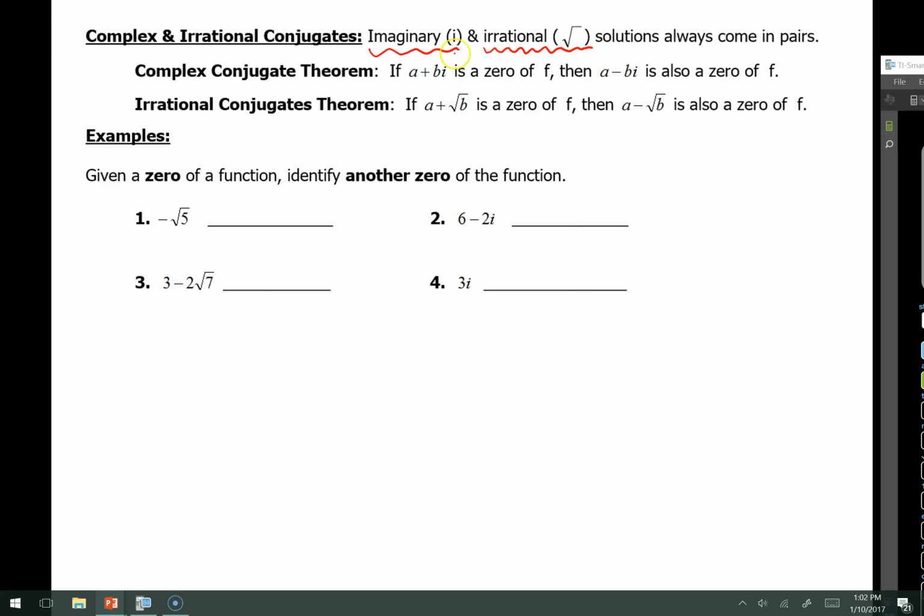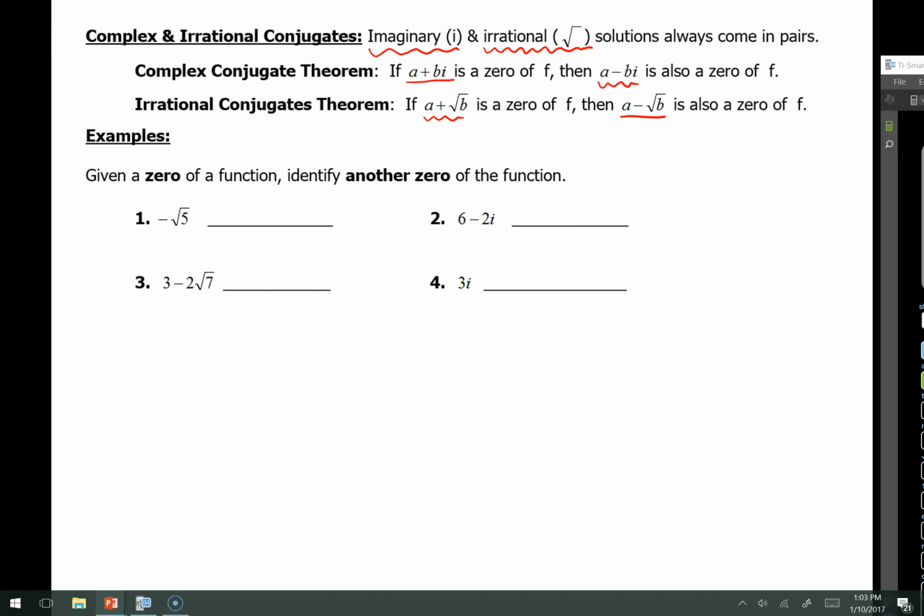So if you have an imaginary number like a plus bi, then a minus bi is also going to be a zero. If you have an irrational number like a plus the square root of b, then a minus the square root of b is also going to be a solution.